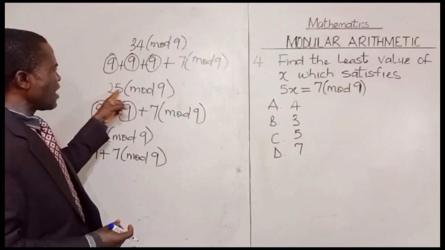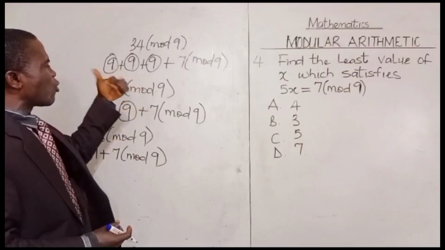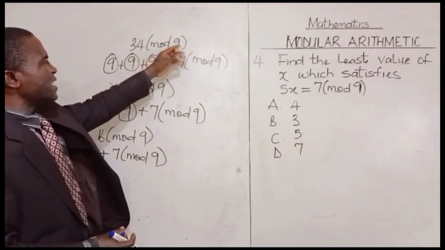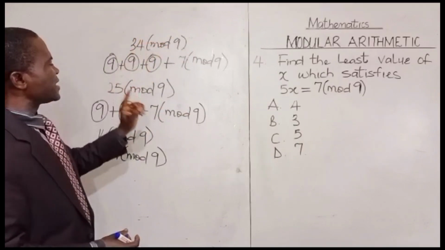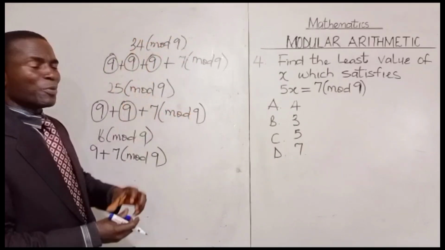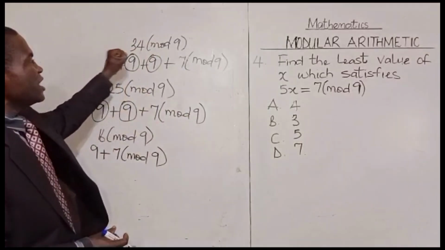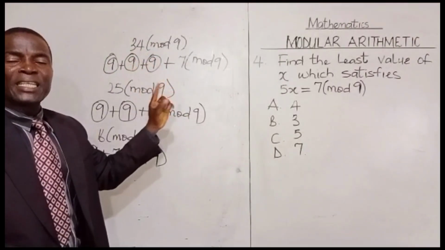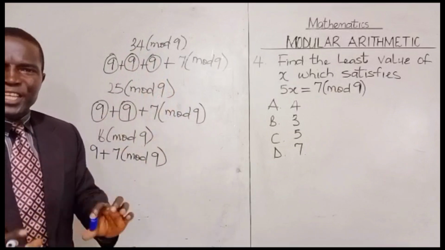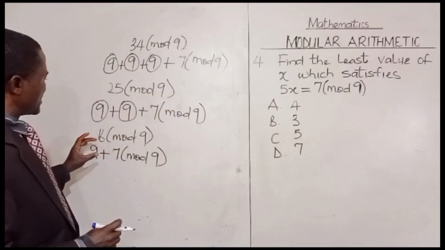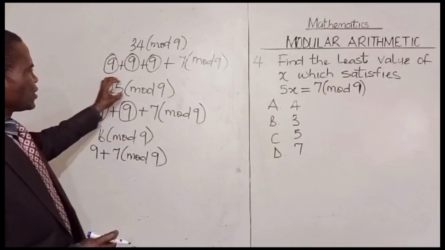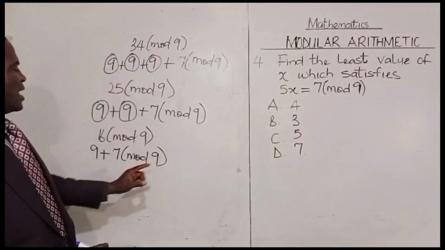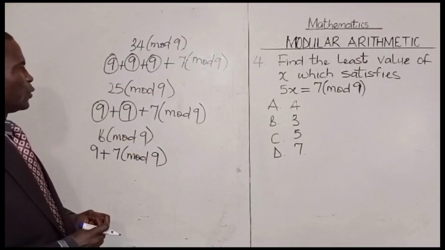Then 25 modulo 9 also has equal value with 7 modulo 9. Then 34 modulo 9 has equal value with 7 modulo 9. The reason is because after counting each of them in bundles of 9, the leftover, which is the remainder, is always 7. So based on that, we say that 16 modulo 9, 25 modulo 9, 34 modulo 9 are senior brothers to 7 modulo 9.